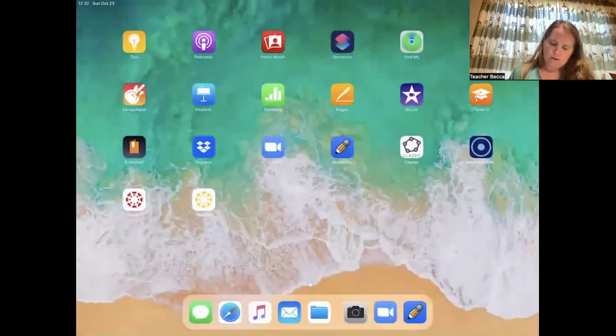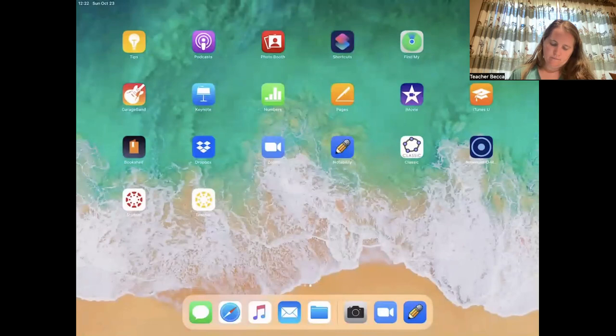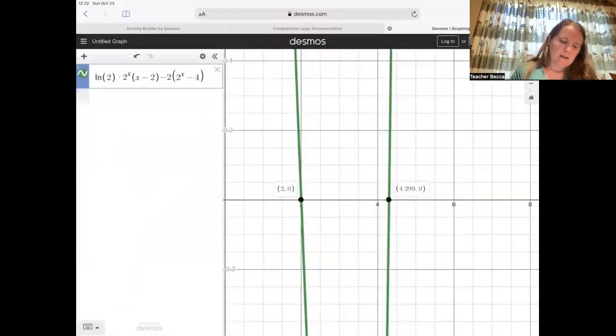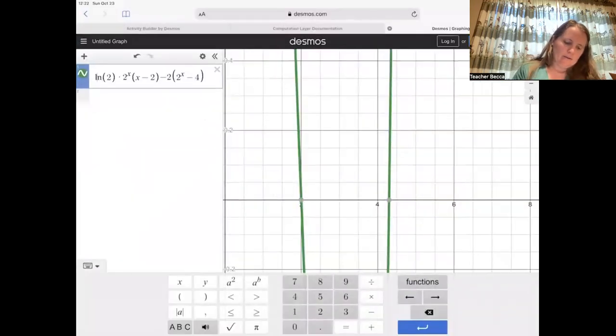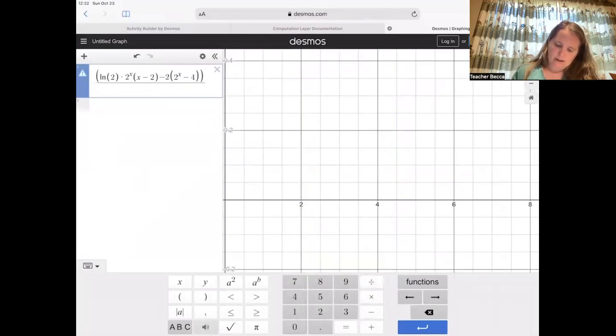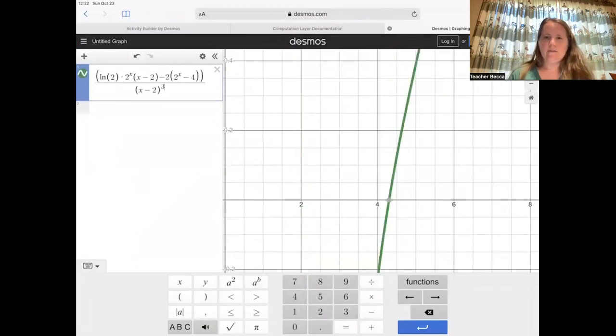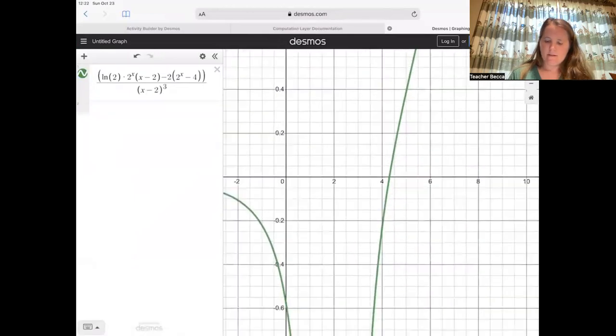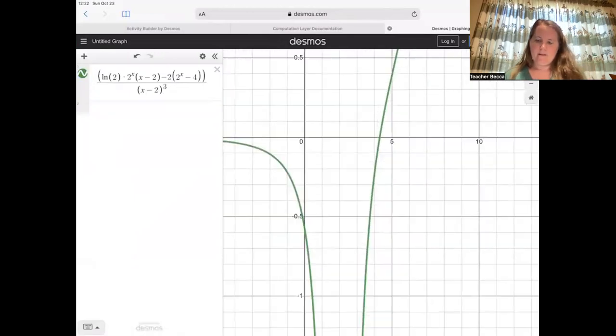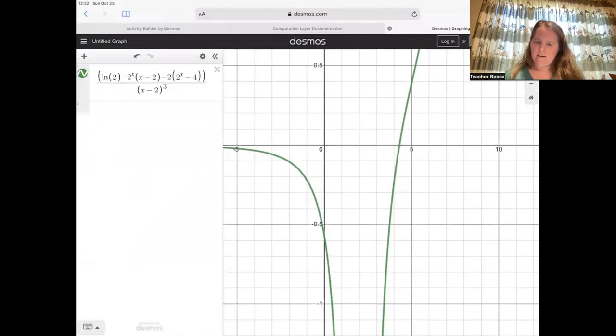Let's go back to our graph and add in our derivative. So let's go ahead and divide by x minus 2 cubed. So that's the entire derivative. And here's our graph.